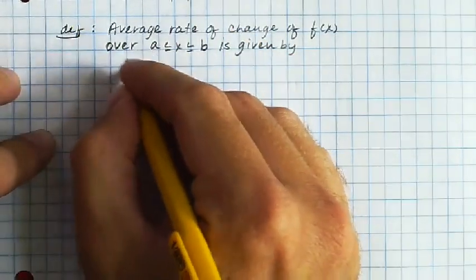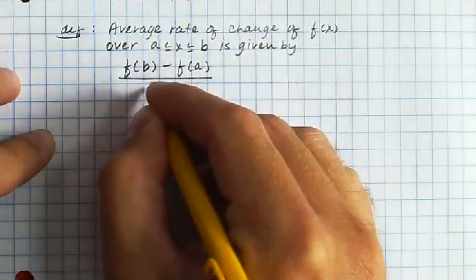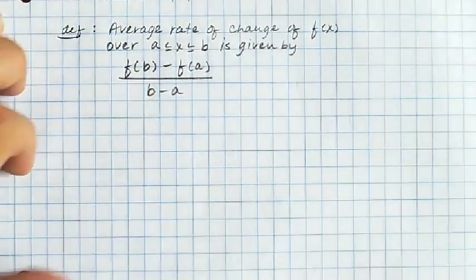So it's going to be f of b minus f of a over b minus a.